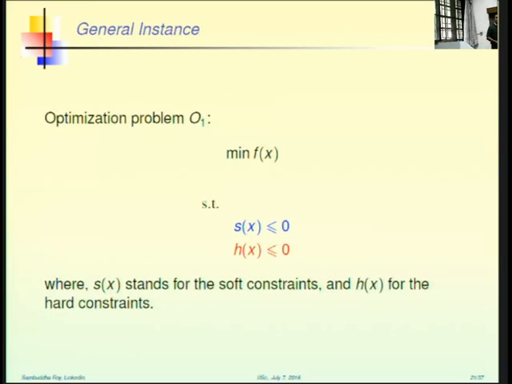So let's talk about a general optimization problem. Your objective is f of x, and s for soft, s of x less than or equal to 0, h of x less than or equal to 0, hard constraint. Okay.